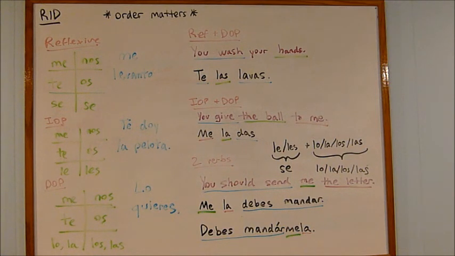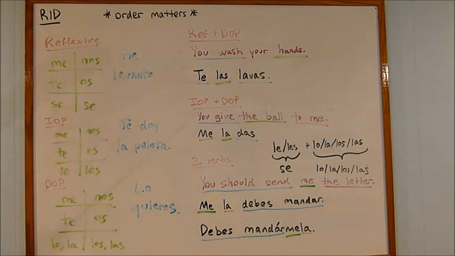Now, you may be confused. What's the difference between an indirect object and a direct object of the sentence? The way I like to think of it is that the direct object receives the verb, so it's affected directly by the verb, and then the indirect object is directly affected by the direct object, and then, through, you could say, transitive property, if you're a mathematician, it's indirectly affected by the verb.